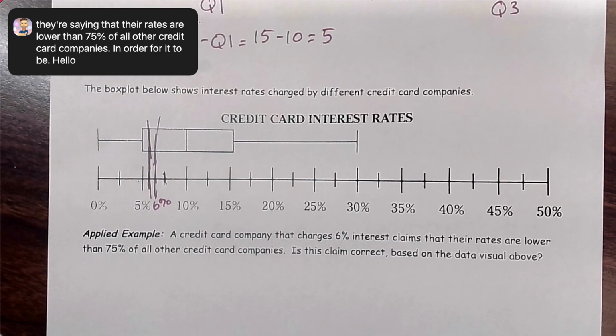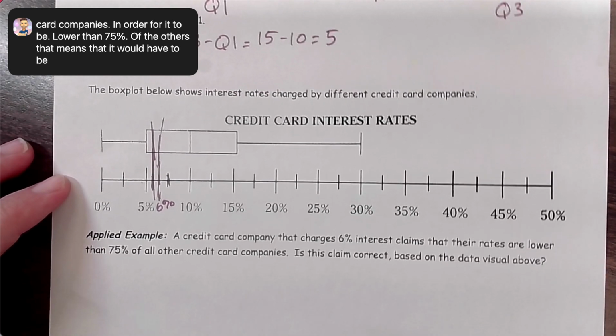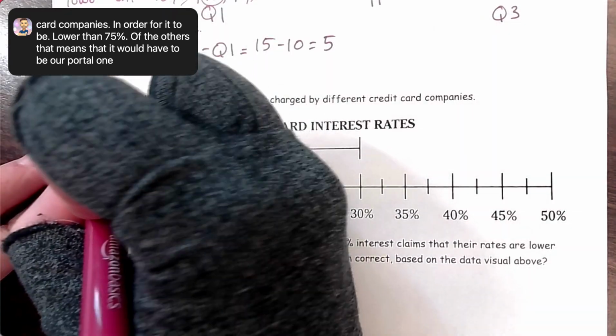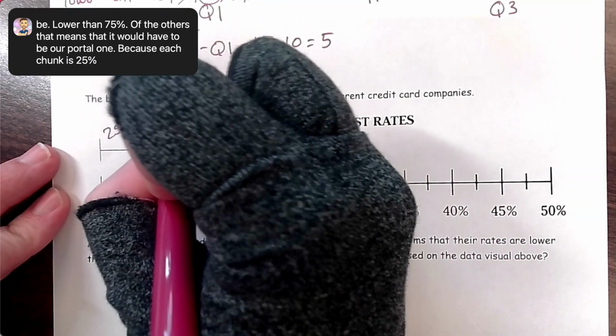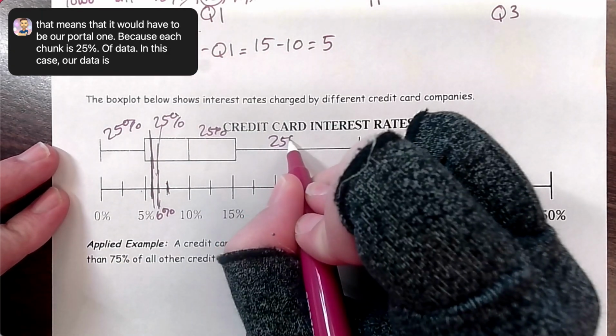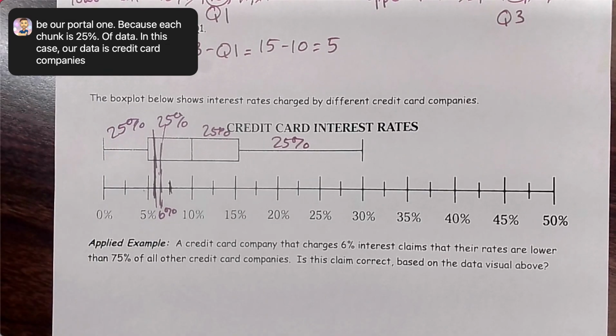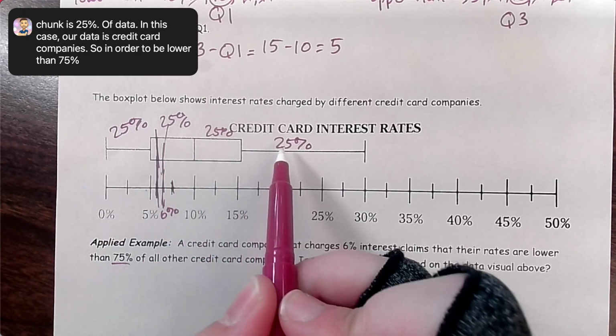In order for it to be lower than 75% of the others, that means that it would have to be our quartile 1. Because each chunk is 25% of data. In this case, our data is credit card companies. So in order to be lower than 75%, it would have to be lower than all 3 of these.